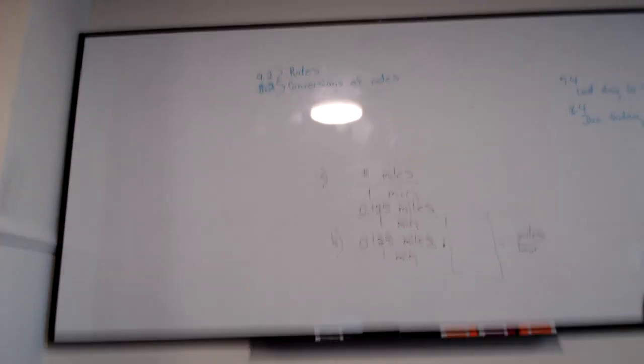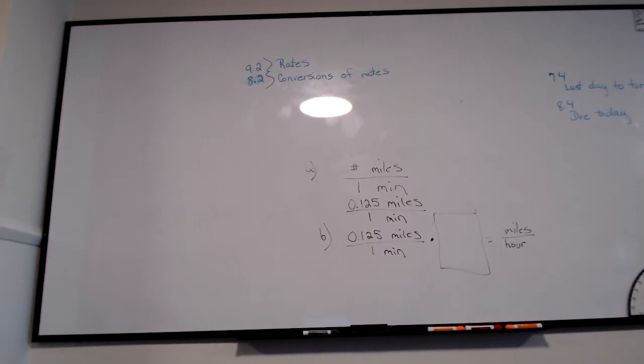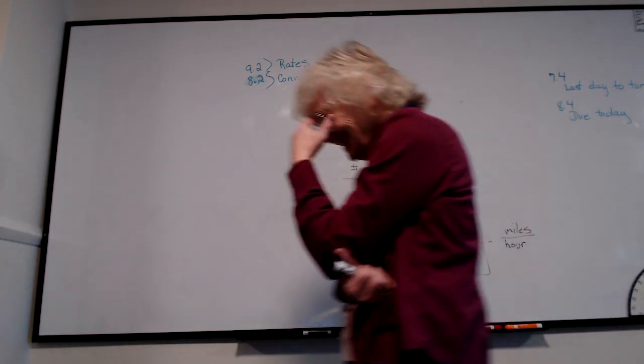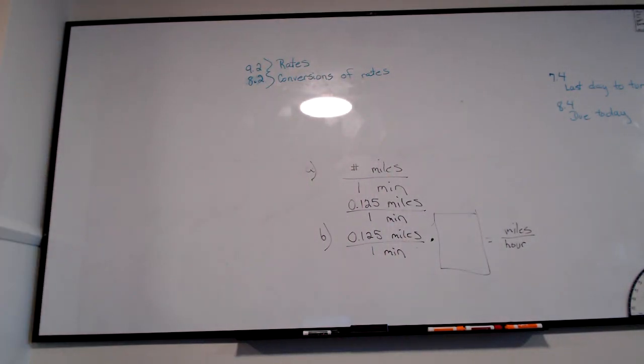This is miles. 60 minutes is the same as what? 1 hour. Oh, so it'd be 60 minutes to 1 minute, 1 mile. We gotta show how it works. 1 hour equals 60 minutes.